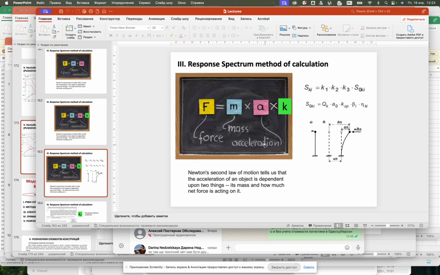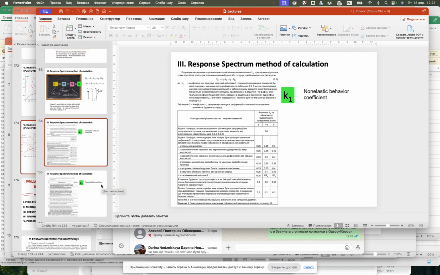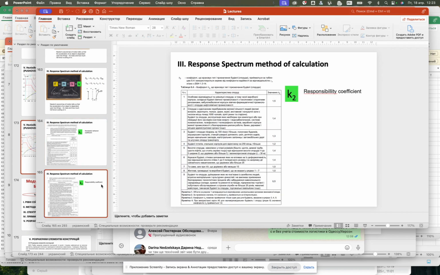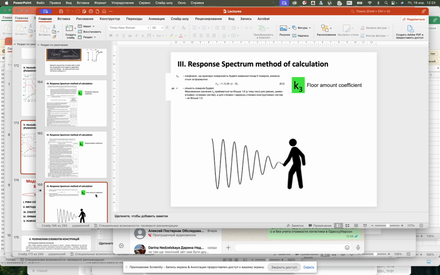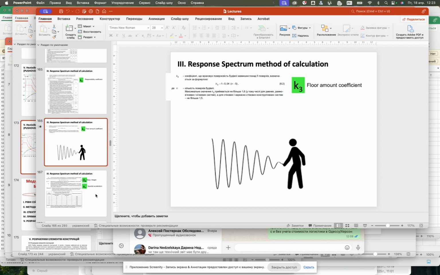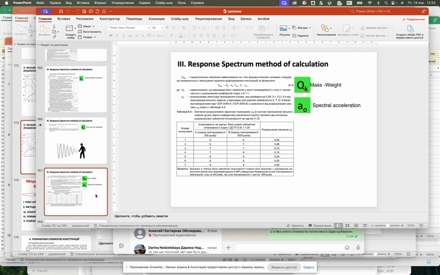And I will remind you what those indexes mean. Coefficient K1 includes and describes the nonlinear behavior of the building. K2 includes the responsibility coefficient. K3 includes the floor amount, the additional effect of floor amount.